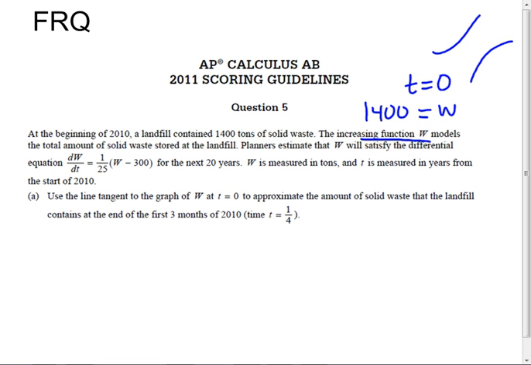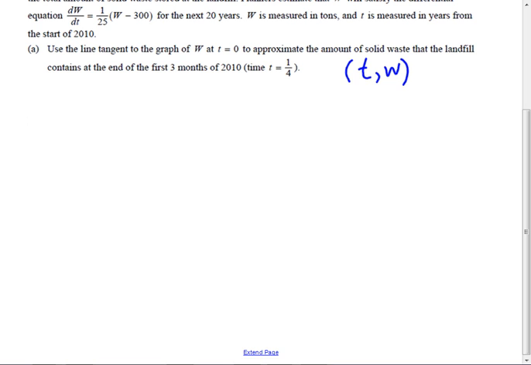So what are your variables? T and W. T is independent. So what's the equation of the tangent line going to look like? W minus W1 is equal to W prime of t, times t minus t1. So try it.